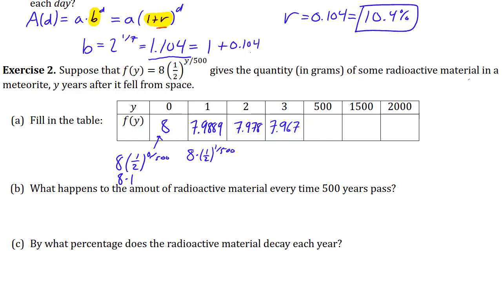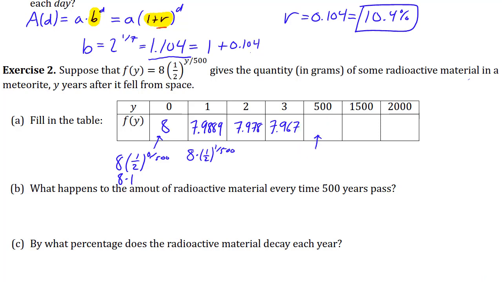Okay, so at first it's decaying extremely slowly, because it's not that radioactive. It's just slightly radioactive. After 500 years, something special is going to happen with the formula.